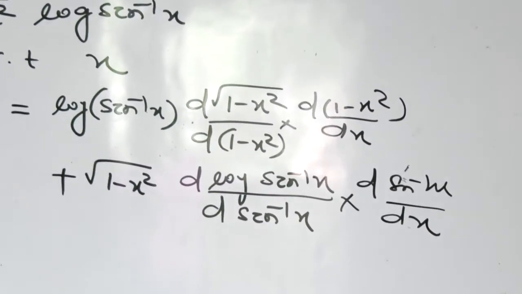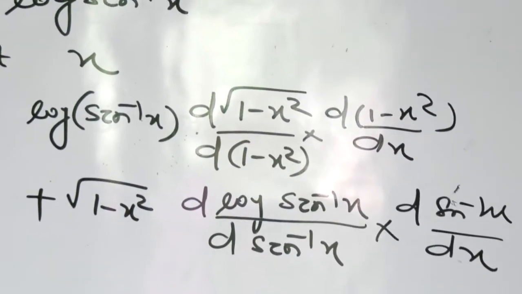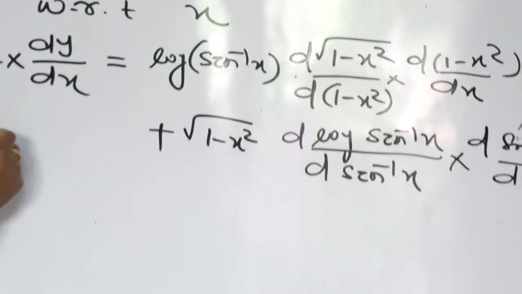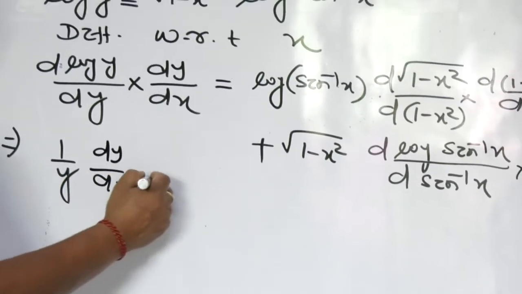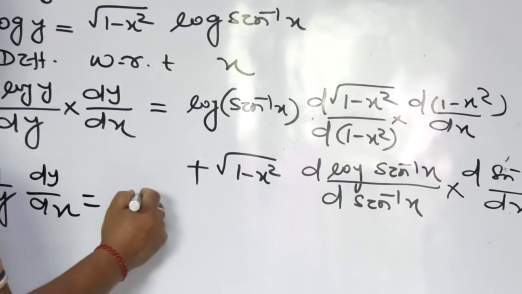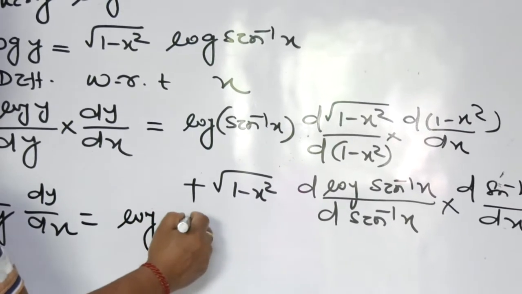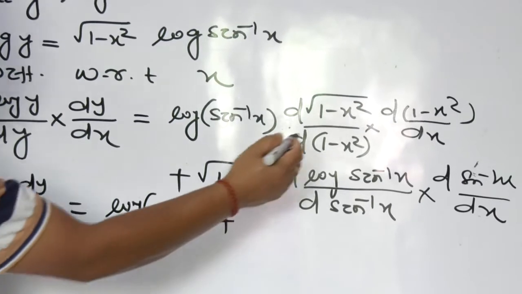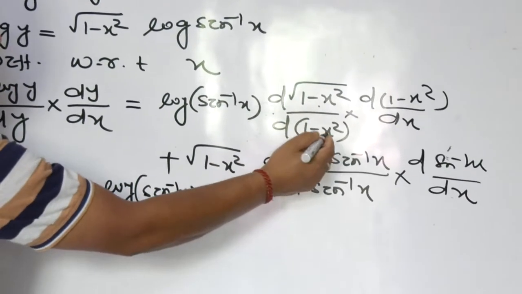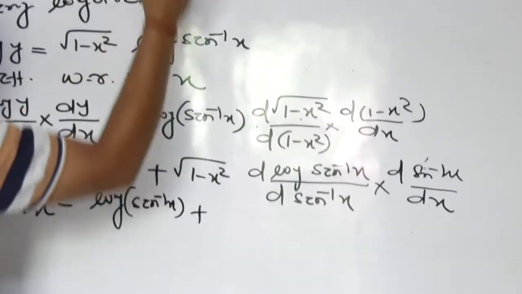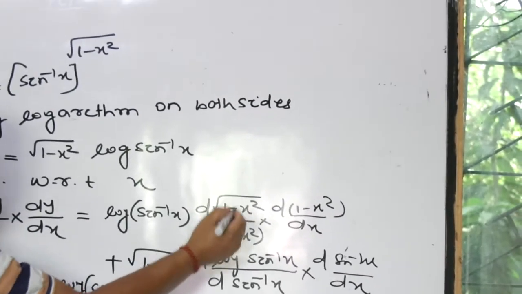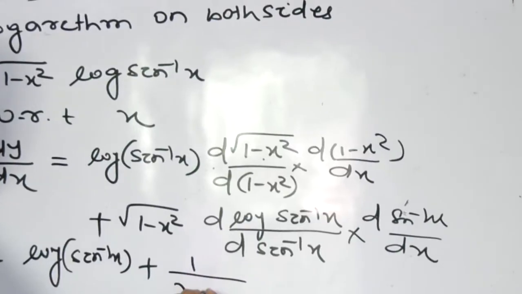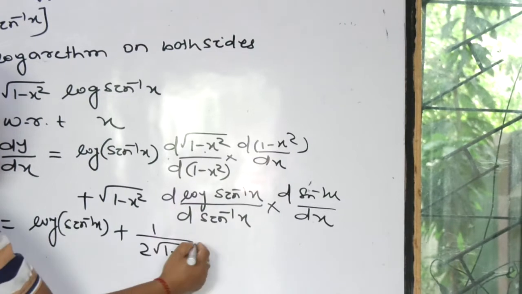Log y, differentiate of log y with respect to y is 1 by y into dy by dx. Right hand side is log sine inverse x plus root 1 minus x square with respect to 1 minus x square, means derivative of root x with respect to x, that is 1 by 2 root x.